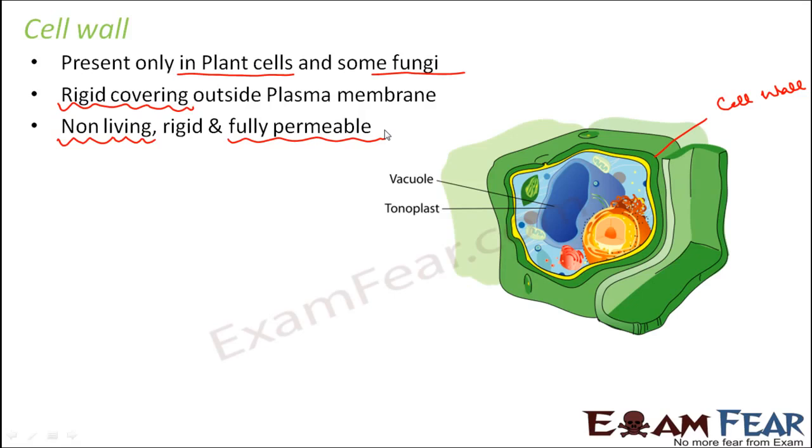But then what is the point of having a cell wall? Looking at the properties again, you can see that the cell wall is very rigid. So it can provide a lot of structural and mechanical support because it is hard, tough and rigid. That is also a reason why it is present only in plant cells and not in animal cells.